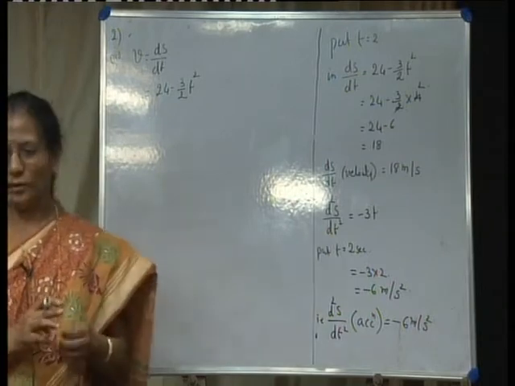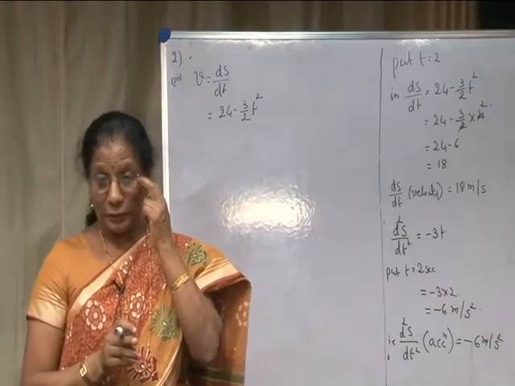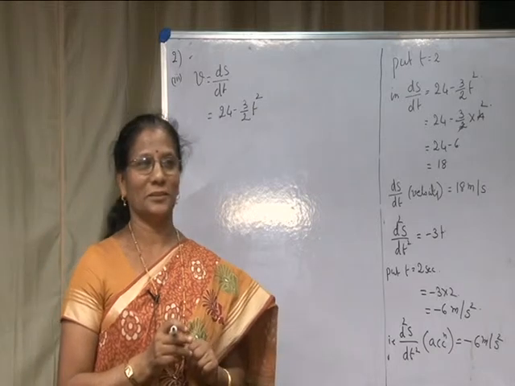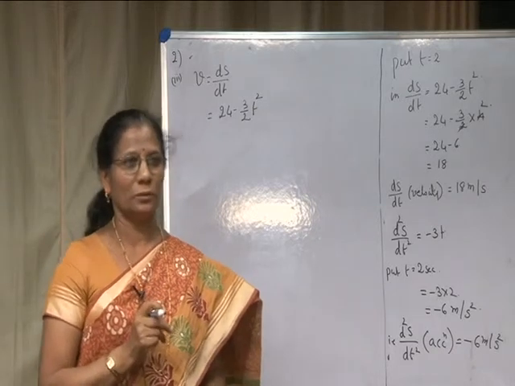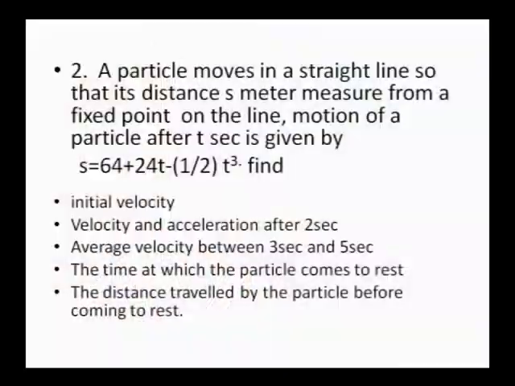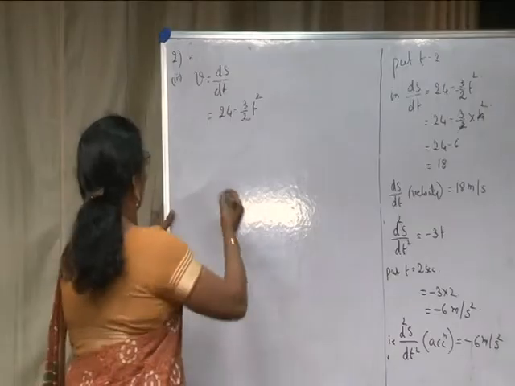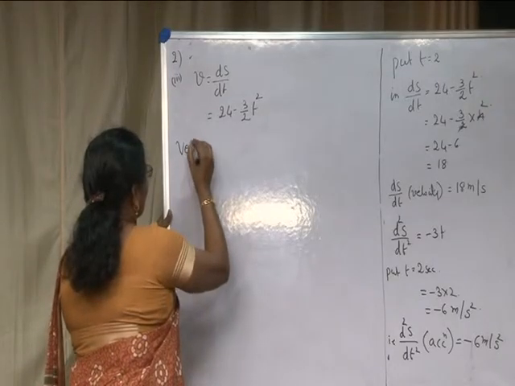Now, we have to find what is the velocity after 3 seconds, say that is v1. Find the velocity at t is equal to 5 seconds. So, average means we know it very well, sum of these two velocities divided by 2, that is the average velocity.